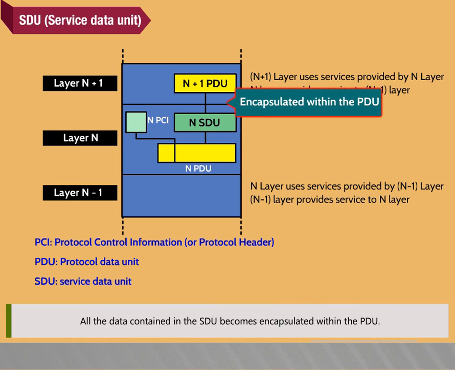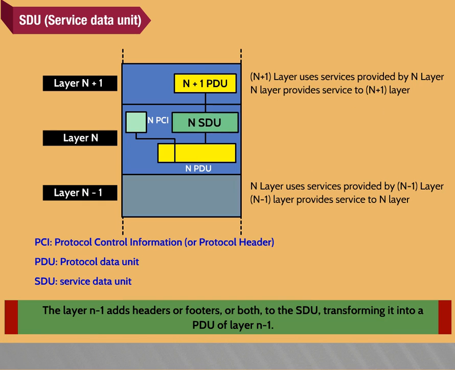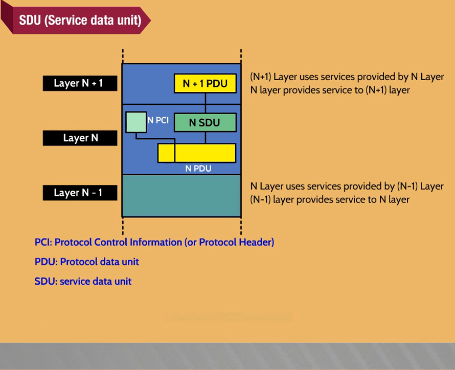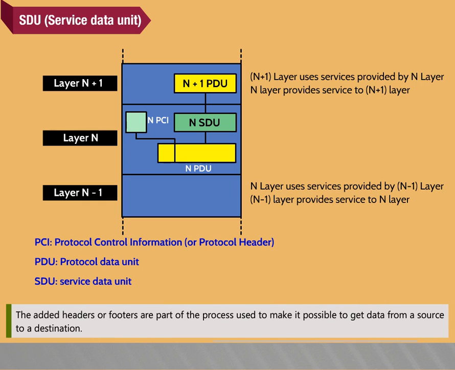All the data contained in the SDU becomes encapsulated within the PDU. The layer n-1 adds headers or footers or both to the SDU, transforming it into a PDU of layer n-1. The added headers or footers are part of the process used to make it possible to get data from a source to a destination.